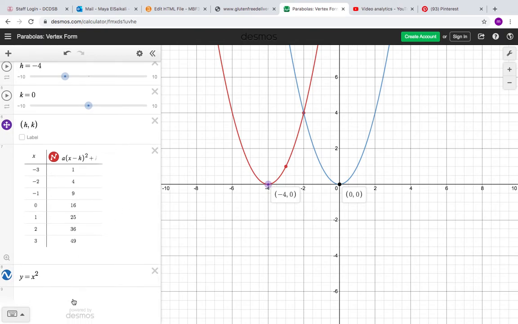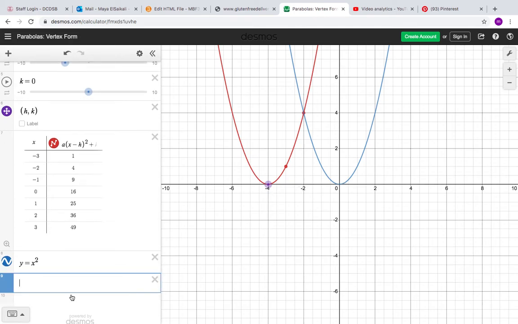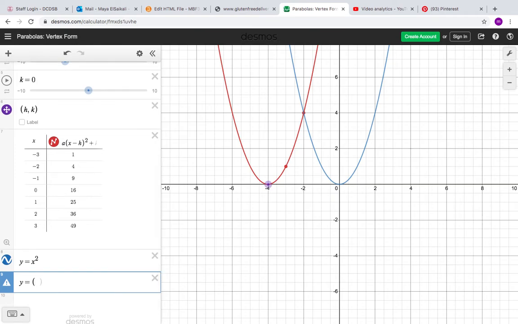So how would I know that this is the h value? Remember that your original parent function is y equals x squared. So if I have y equals, open bracket, x, and now let's pick a value for h. Let's say h is 1.